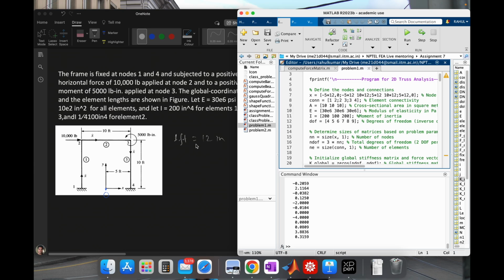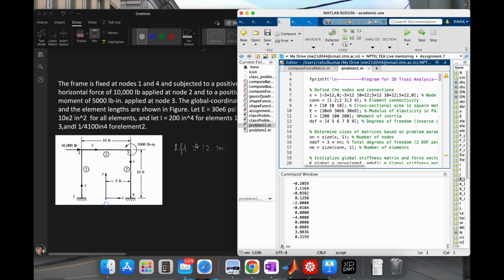And in this problem, the area of all these beams is equal, which means that all are identical, the modulus of elasticity is also identical, and the moment of inertia is also identical. And this is the degree of freedom for which we have to use this code.